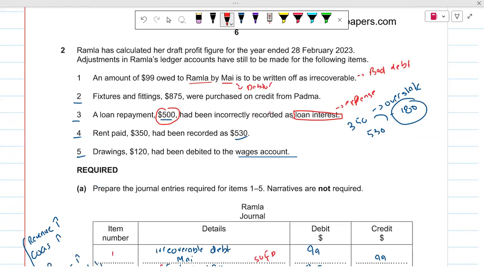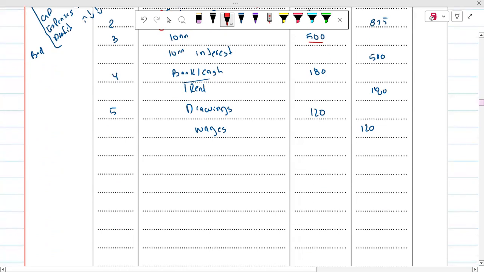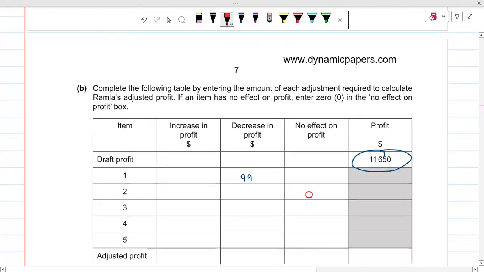So now we basically made the journal entry. We just made some corrections to it. So we credit our expense of loan interest by $500. So it means that our expenses are decreasing because we just made the right entry for it. So it means that it is also increasing our profit now, because this was the draft profit.